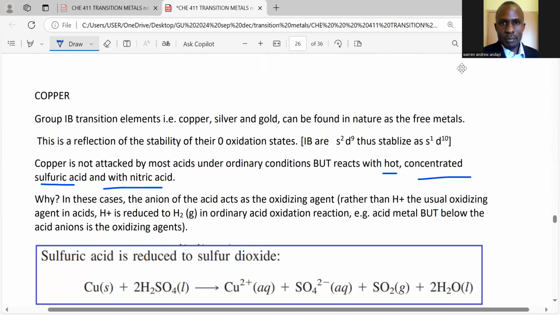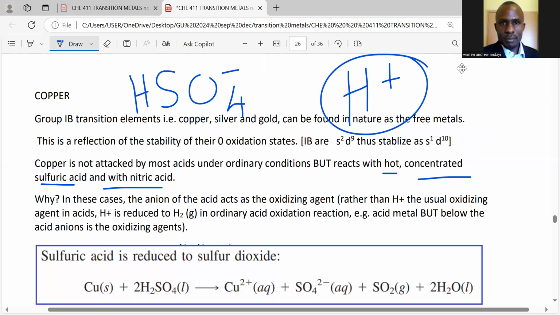Okay, so in this case, your sulfate is the oxidizing agent and not the H plus.